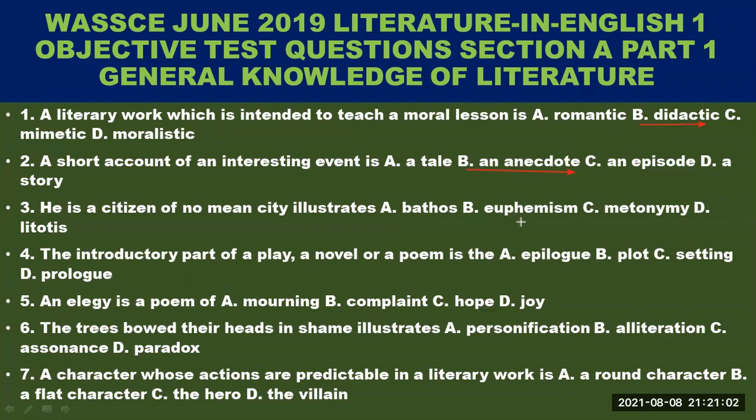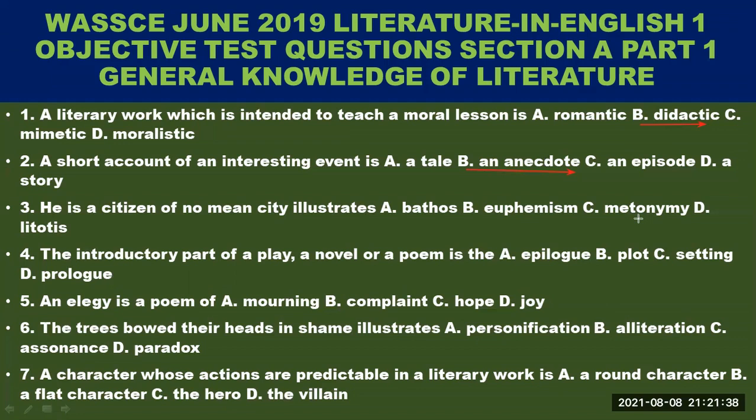Now, euphemism is when you use good words to describe an ugly situation. For instance, instead of saying you want to go to the toilet, you say you want to visit the restroom, all right? Now, metonymy is referring to something by using another thing that is related to it.